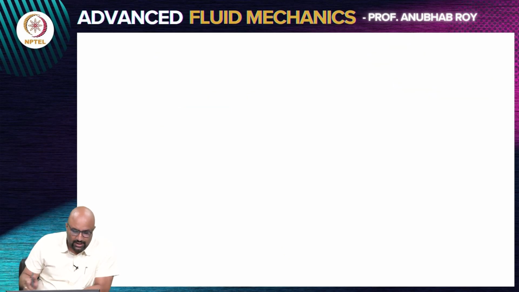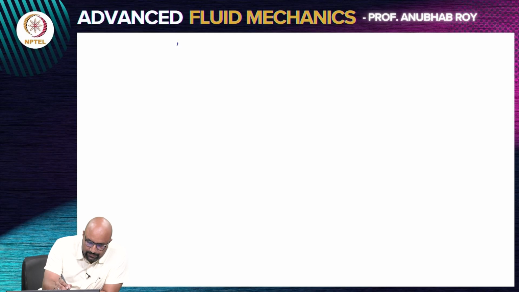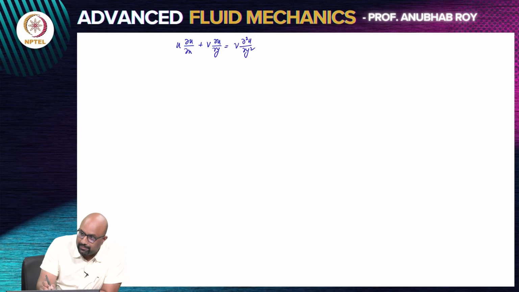Okay. So, now let us go to our equations. u dou u dou x plus v dou u dou y is equal to nu dou square u dou y square. Continuity is already satisfied when we use the stream function. So, now I am going to use u as dou psi dou y and v as minus dou psi dou x. Let us substitute. So, the first term is dou psi dou y, the second term is dou square psi dou x dou y.